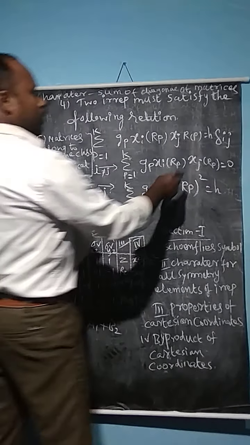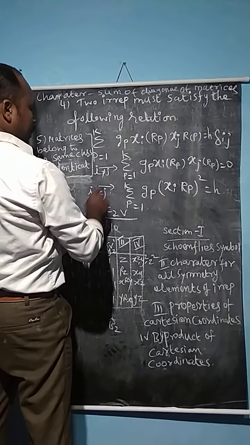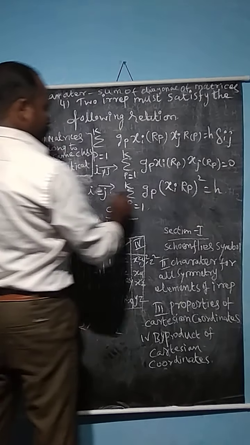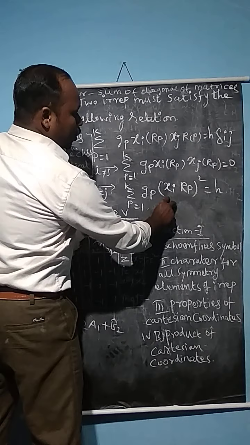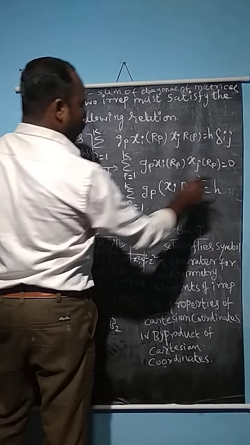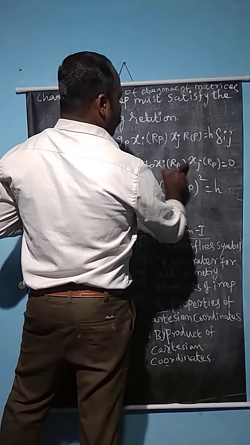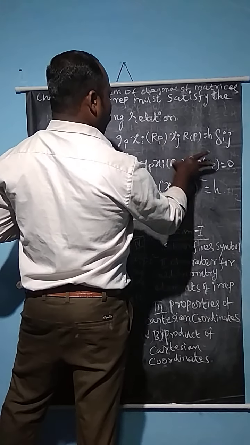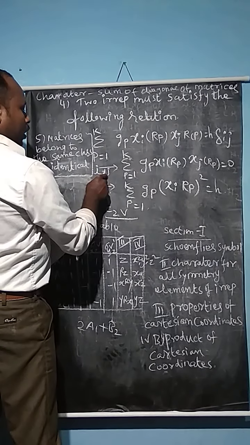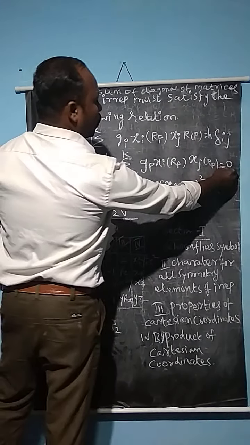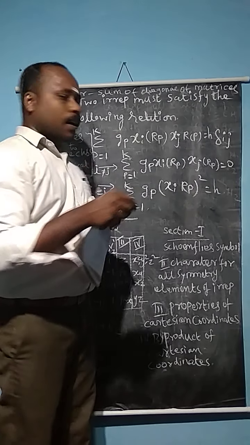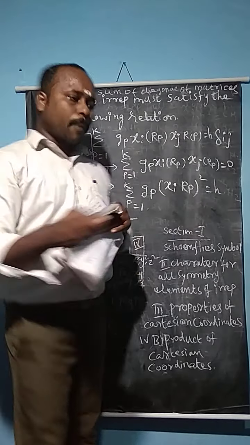If i is equal to j, it gets the value of the order of the group, that is 4. If you square the value of an irreducible representation, it is 4. If you multiply the values of 2 irreducible representations for i not equal to j, it gets the value of 0. These are the properties obeyed by the H2O molecule belonging to the C2v point group.